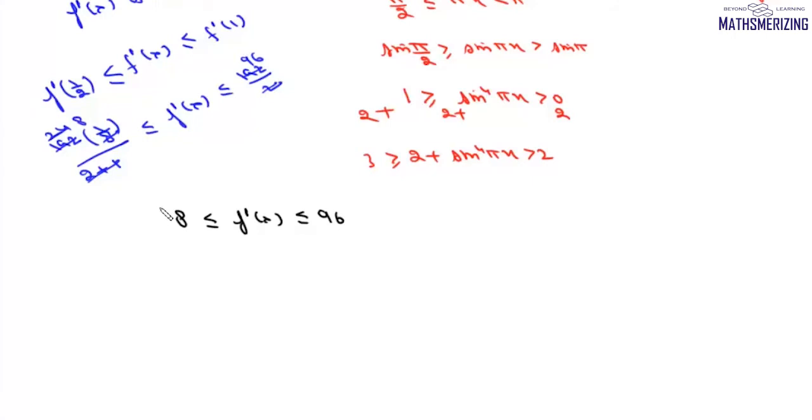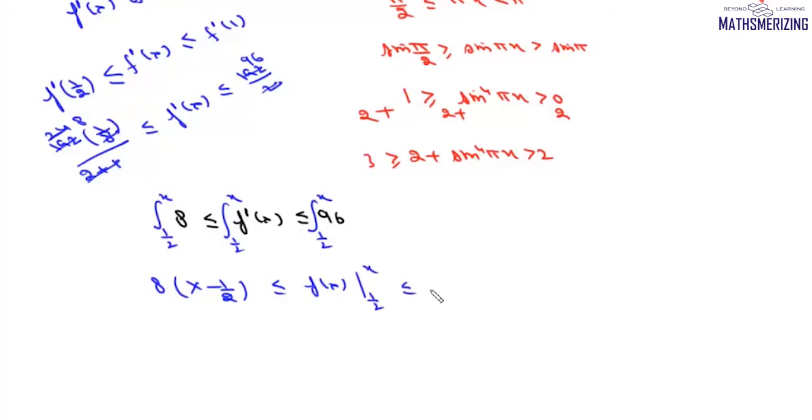Now we'll integrate the three functions from 1 by 2 to x. So we can simply write this as 8 into x minus 1 by 2 is less than or equal to f(x) from 1 by 2 to x, which is less than or equal to 96 into x minus 1 by 2.